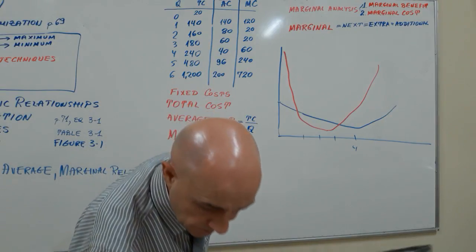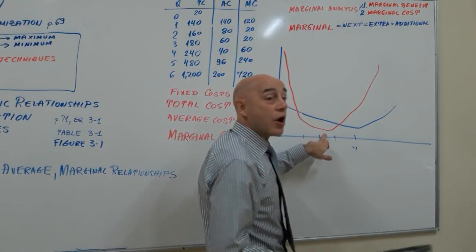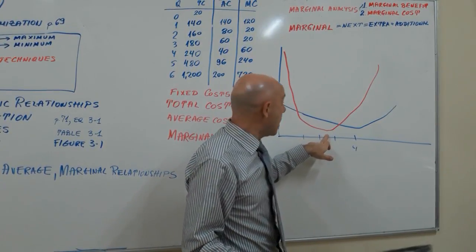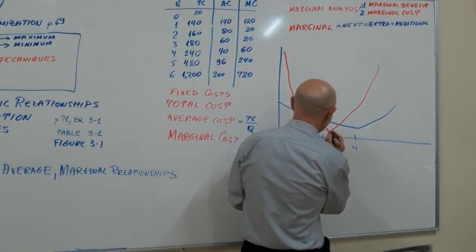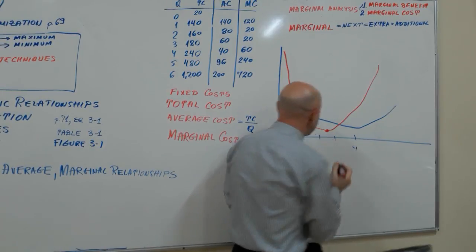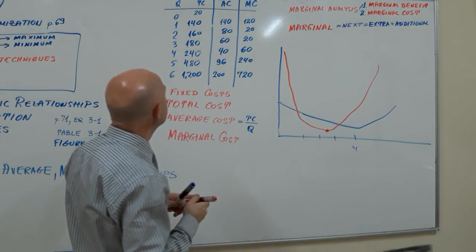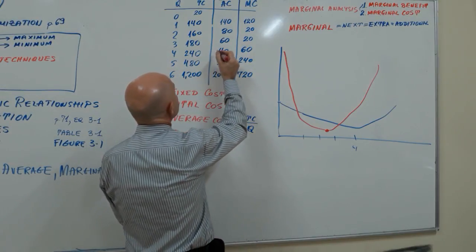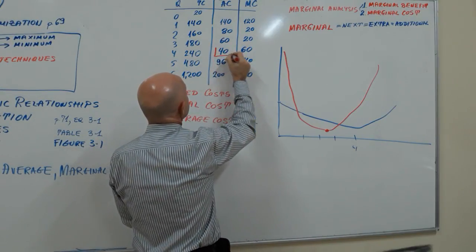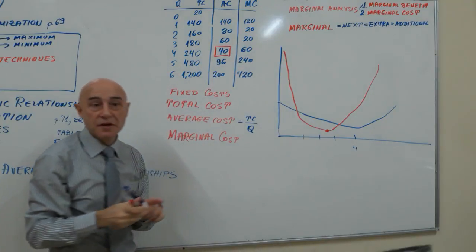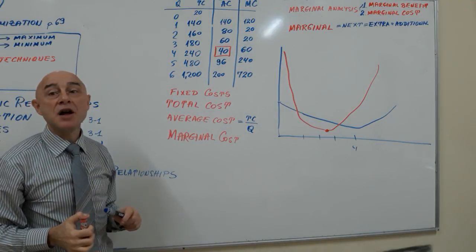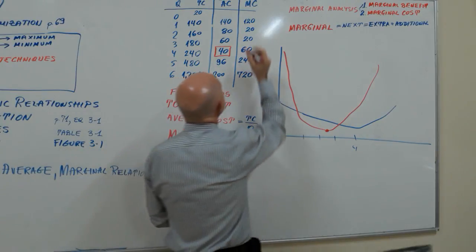Okay, so for average cost, this is the optimum. This is the minimum average cost. The minimum average cost is 40. The minimum marginal cost is 20.